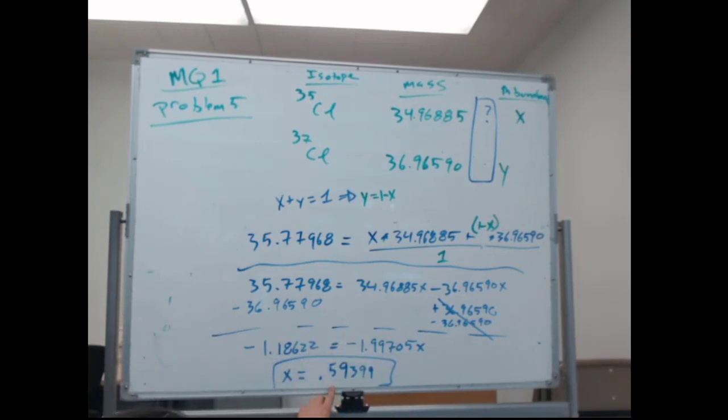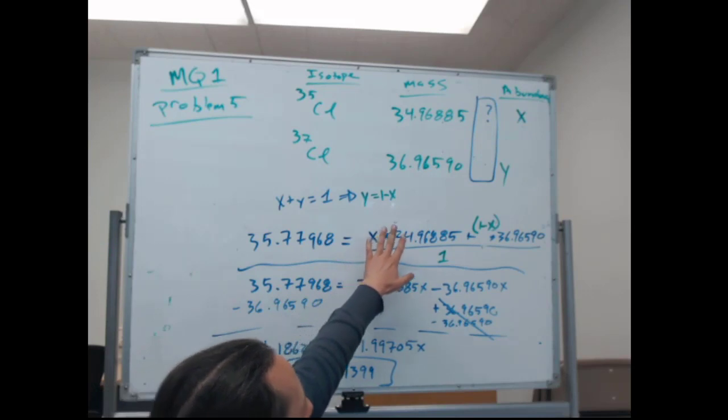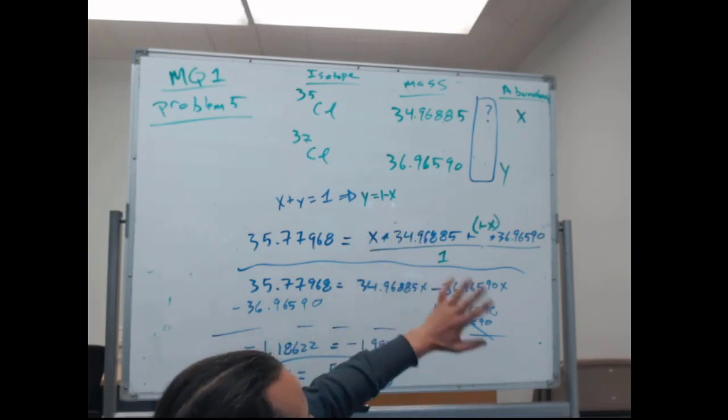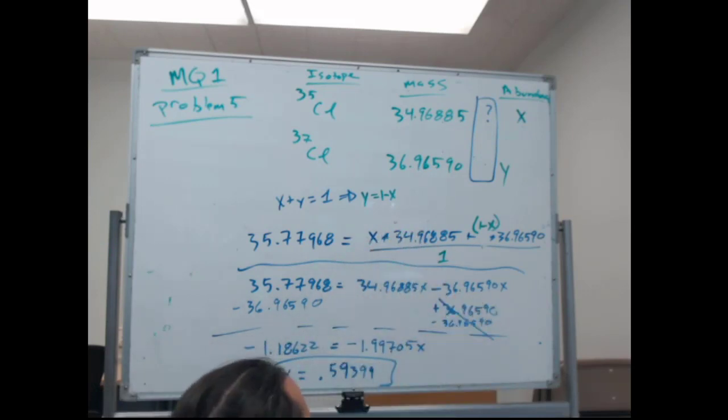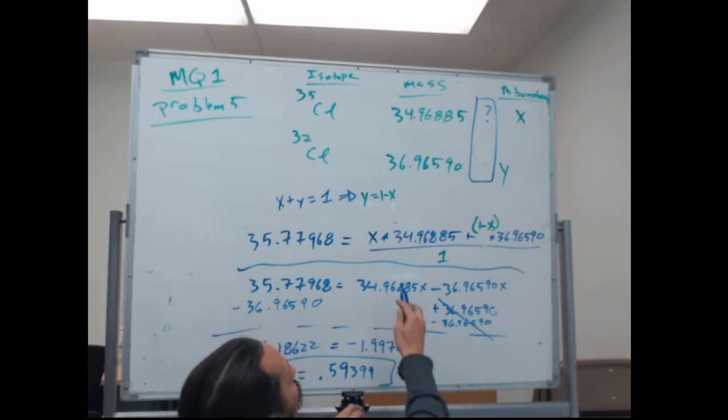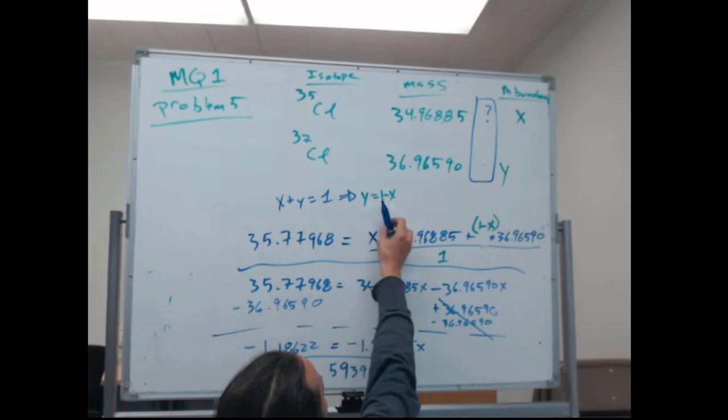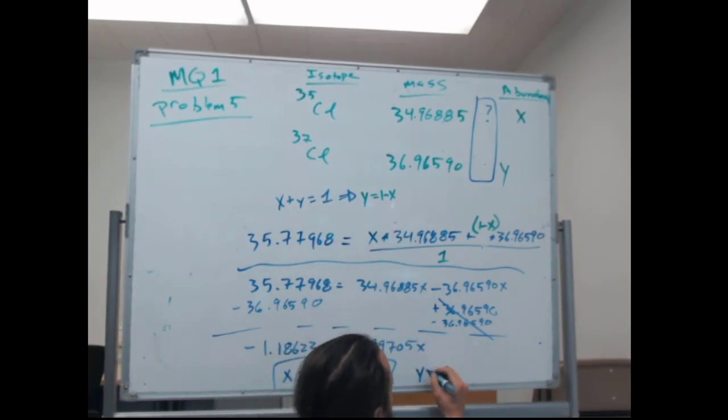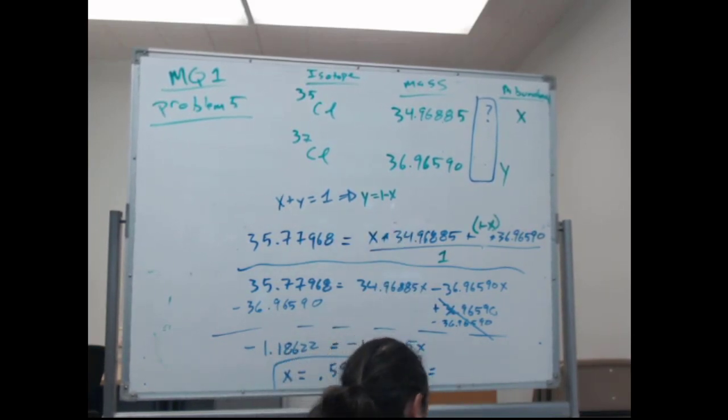We can go ahead and then, using our equation X plus Y equals 1, calculate what our Y value is also going to be. So just 1 minus X gives us about 40%. Right, so about 60%, about 40%. You can see the exact numbers on the screen.